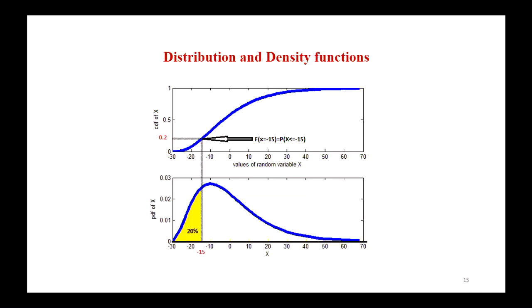That corresponds exactly to the 0.2 which we get here in the CDF. So you get the value of the CDF by integrating the PDF up to that point. Is that clear? Yep. Okay. And that's what they would look like in a typical example.